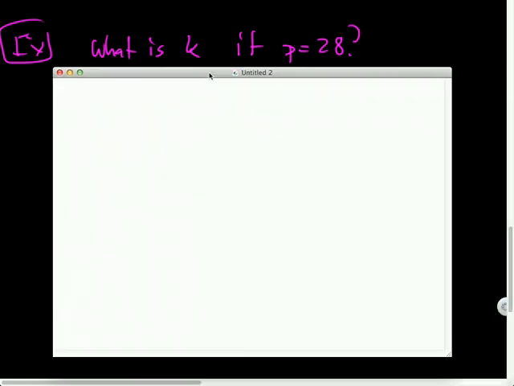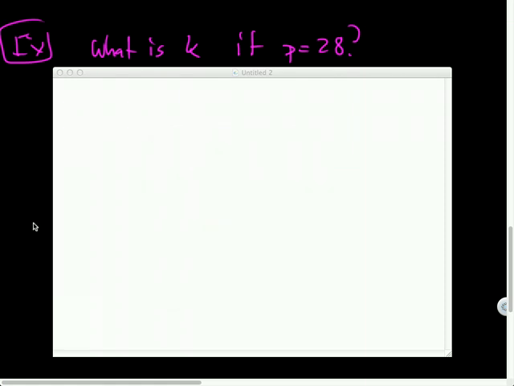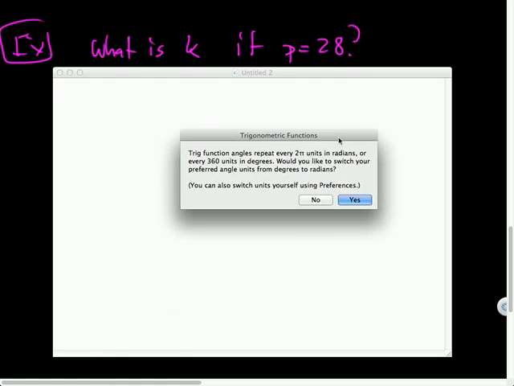Let's say I wanted to graph cosine of pi over 14 times x, or my theta. I'm going to hit OK. Would you like to switch your preferred angle units from degrees to radians?